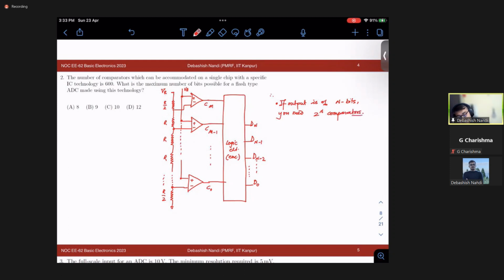Okay, what is my comparator? Comparator is nothing but these blocks. So in your case, what is given? Given is 2 to the power n is equal to 600. Fine, that is fixed. So what would be your n? Your n would be log 600 base 2, that is 9.22.